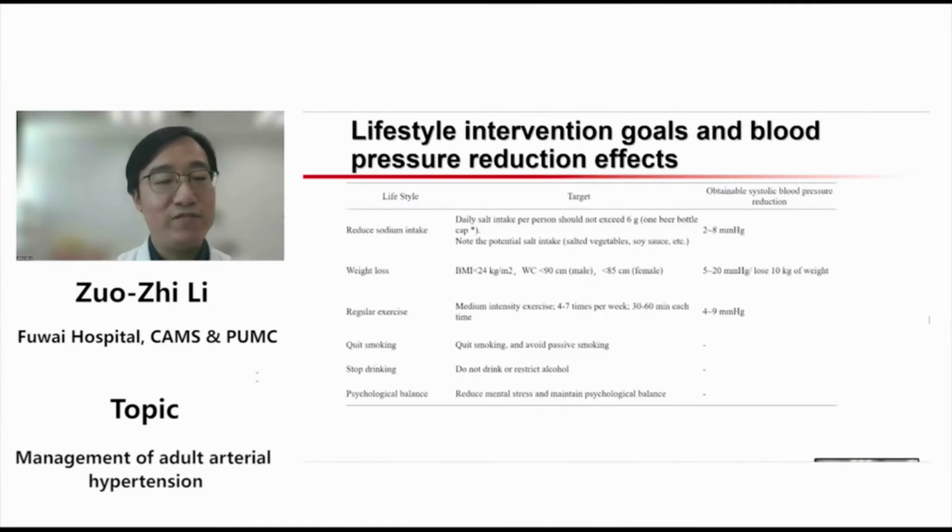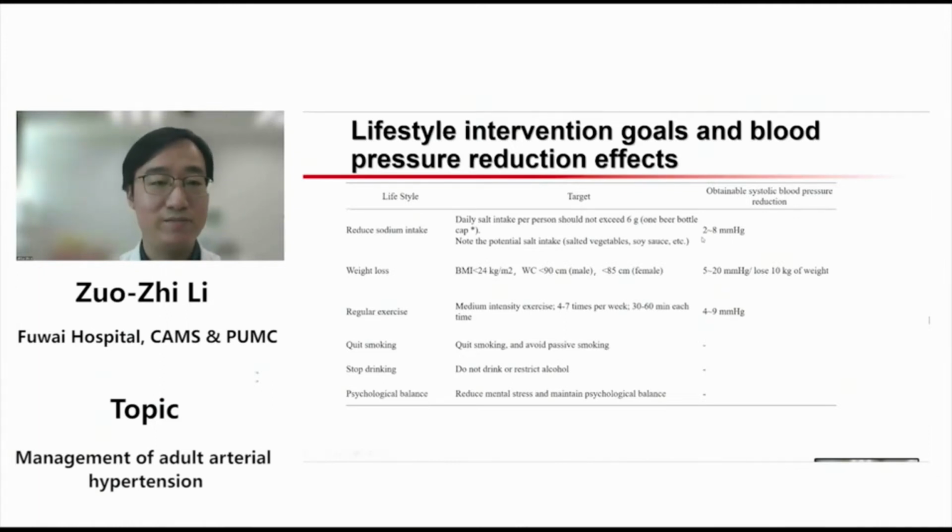Each lifestyle intervention may have a different strength on the control of blood pressure. For instance, reducing sodium intake, that is controlling salt intake below 6 grams per day, can have a 2 to 8 millimeter of mercury reduction in systolic blood pressure.